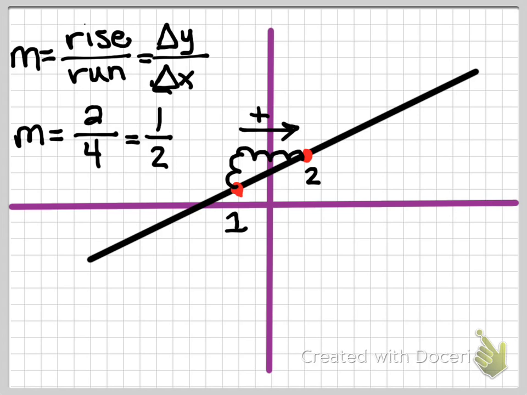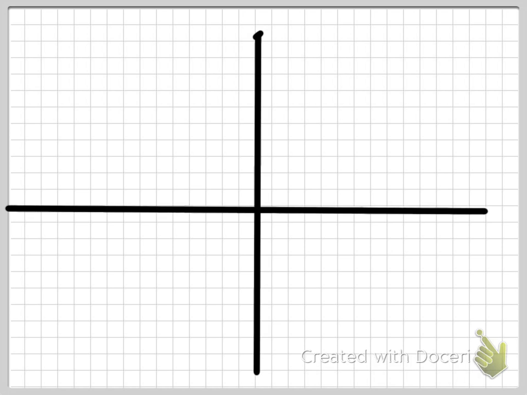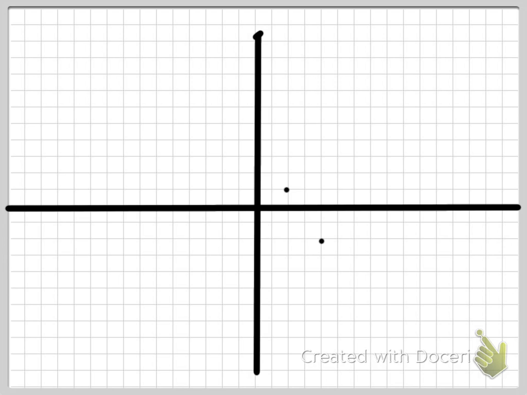So if we look at number 1 on 3.4 finding slope, you're going to see a picture of a line that is at a point (2, 1) and (4, -2). So that graph on number 1 looks like that.